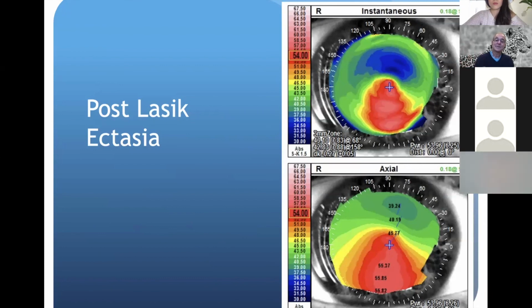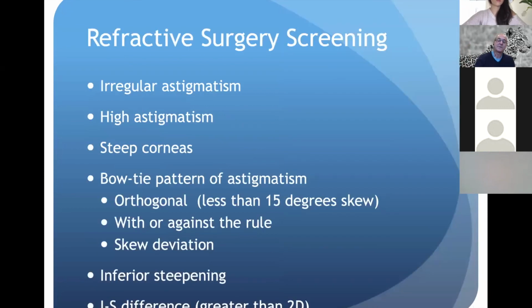It looks like keratoconus when you look at the topography. There's the old adage that if it looks like a duck and it walks like a duck, then it probably is a duck. So sometimes it's very, very difficult to distinguish from a regular keratoconus in a patient who hasn't had refractive surgery.